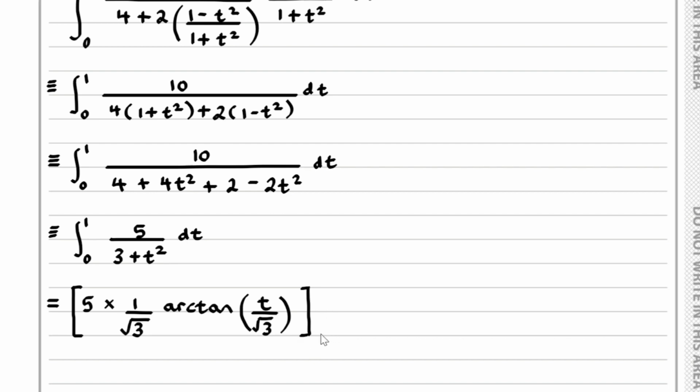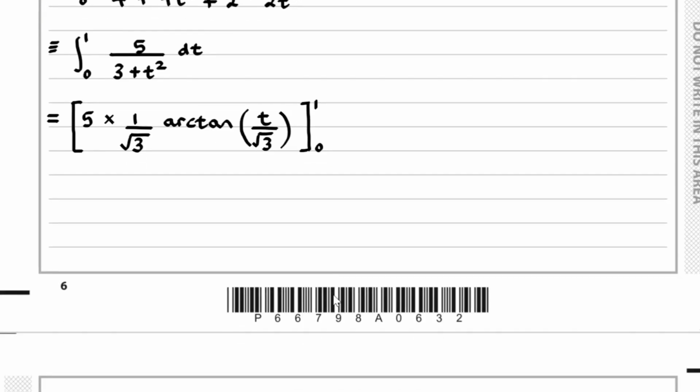And we are evaluating this between 0 and 1. So, we have 5 times by 1 over root 3, which is 5 over root 3, and in fact we'll take that on the outside.